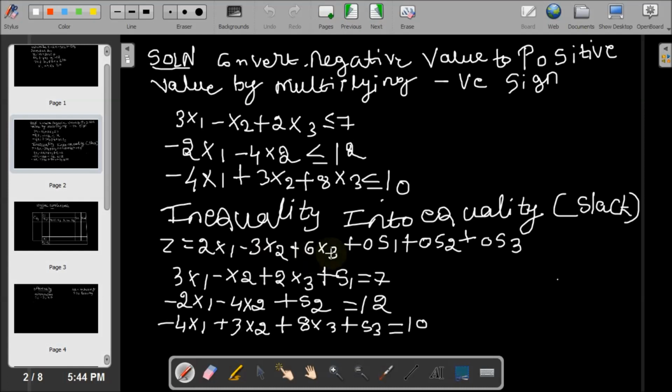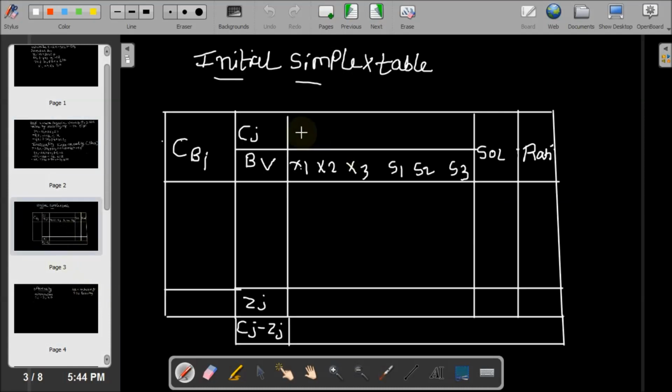Minus 3. x3 is what? 6. s1 is 0, s2 is 0, s3 is 0. You have to write the coefficient values of these variables here. So 2, minus 3, 6 for x3, for s1 0, s2 0, and s3 also 0.